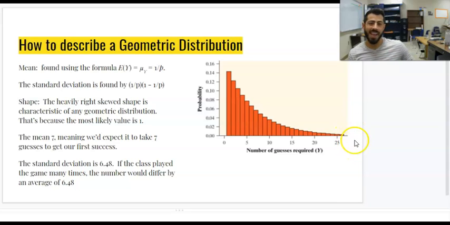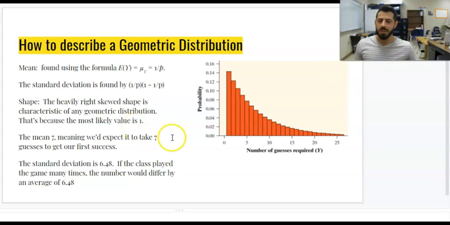They never end. Technically, these can go on indefinitely, so it doesn't make sense to describe a range because the range is always going to be to infinity. It is heavily right skewed, and the most likely value is 1, but you're not going to be asked to describe the shape of geometrics. They all look the same.